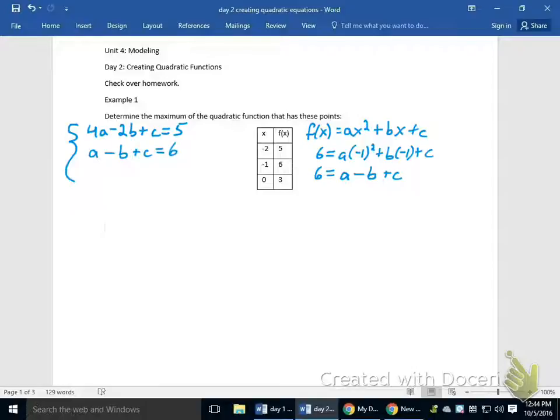Now let's get a third equation by using the last point, 0, 3. This is going to be the nicest. 3 equals a times 0 squared plus b times 0 plus c. A times 0 squared will just be 0a, b times 0 will be 0, so we're just left with 3 equals c.